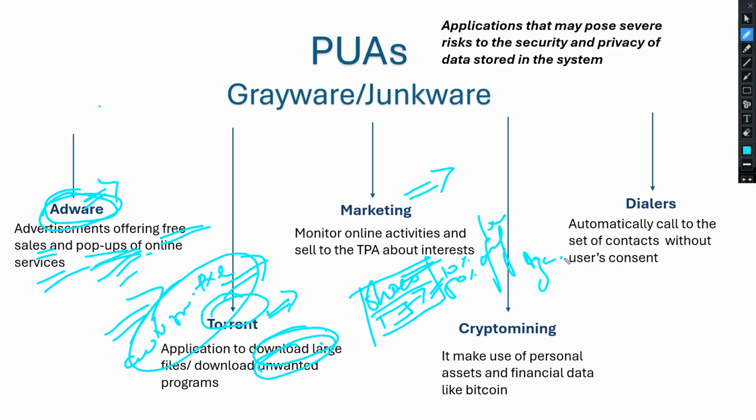They will start sending you advertisements. So this is a kind of marketing, monitoring the online activities of the user and letting third parties know what the customer is looking for. This is basically revenue generation.